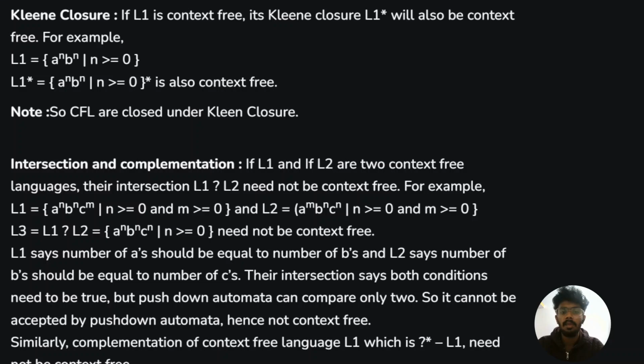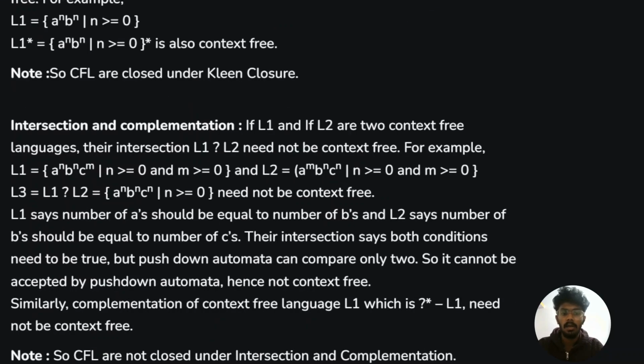The intersection says both conditions need to be true, but pushdown automata can compare only two. So it cannot be accepted by pushdown automata, hence not context-free. Similarly, the complementation of a context-free language L1, which is Σ* − L1, need not be context-free.